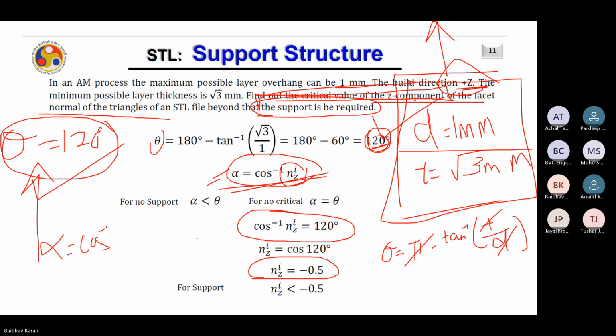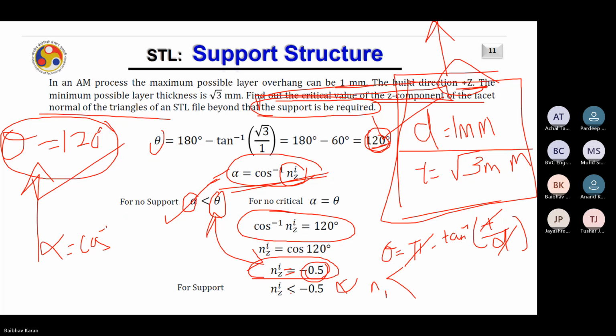That means for this value less than theta, support structure will not be necessary. So for NZ value less than this 0.5, we have equated it to 0.5 because we are assuming that it is the critical one.